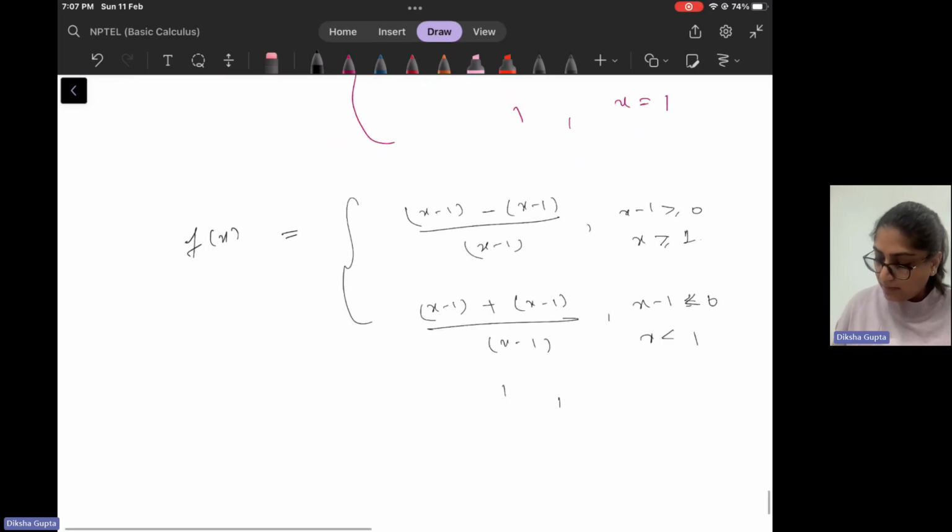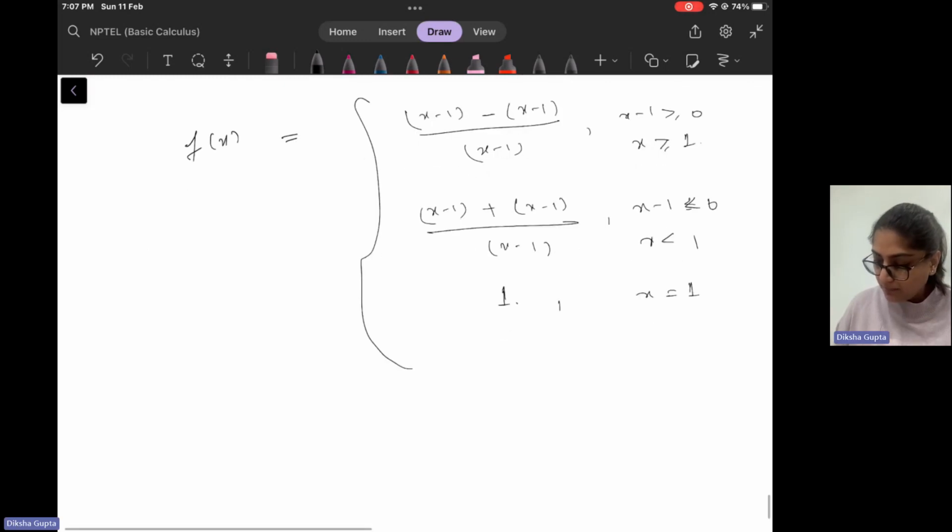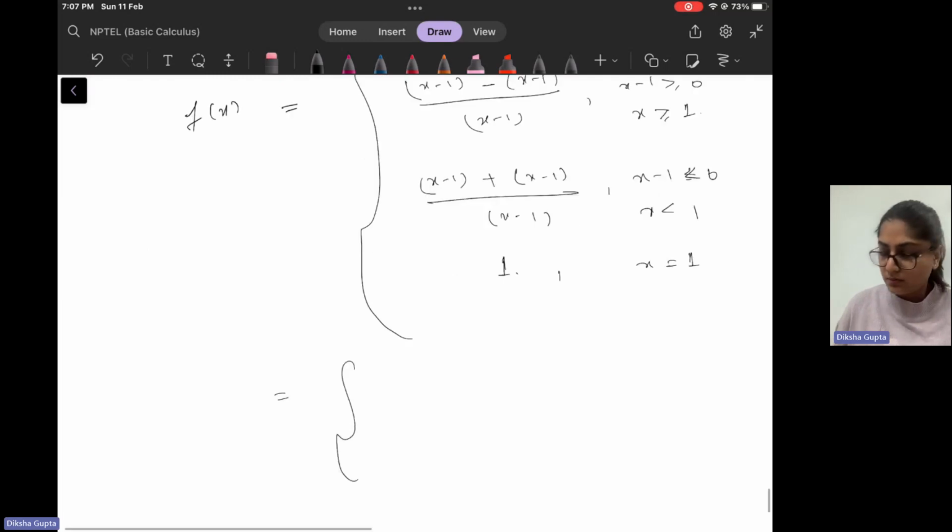And 1 at x equal to 1. Anyway, we don't care much about the value of the function at 1 when we evaluate the limit at 1, but at least the function is defined at 1, so we'll write it. So this becomes x minus 1 cancels, so this is 0 when x is greater than 1.